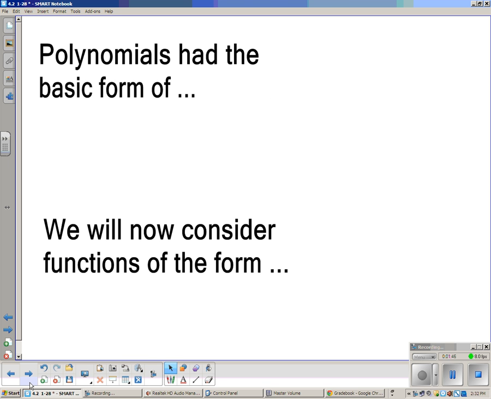Okay, so back to polynomials, which we did in chapter 3. Polynomials had the basic form of y equals x to some variable exponent. Depending on how many terms we actually have, that's our most basic form for a polynomial.